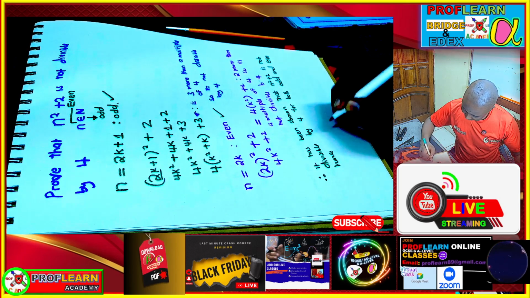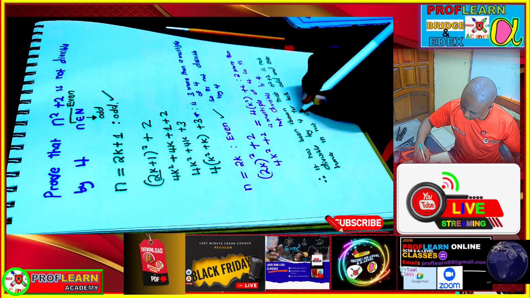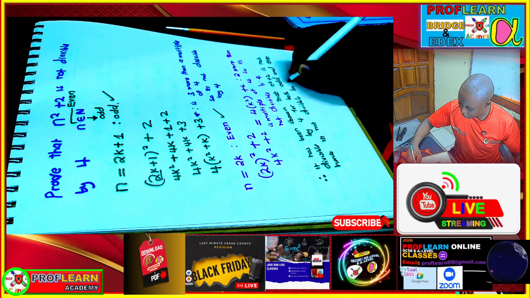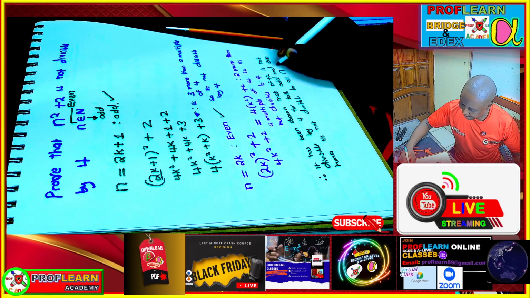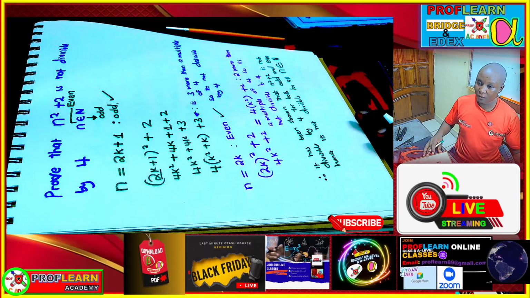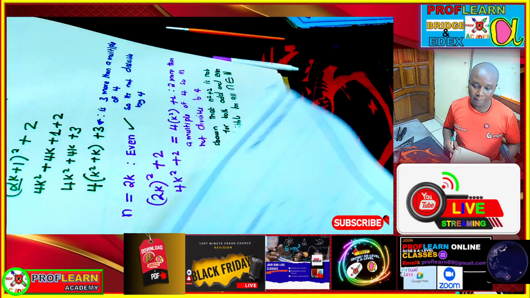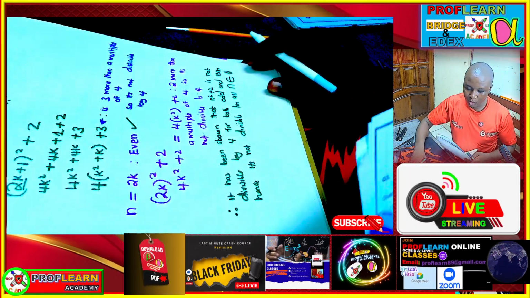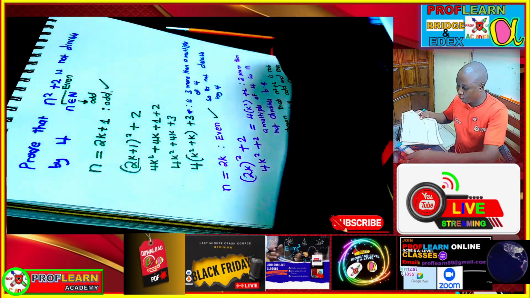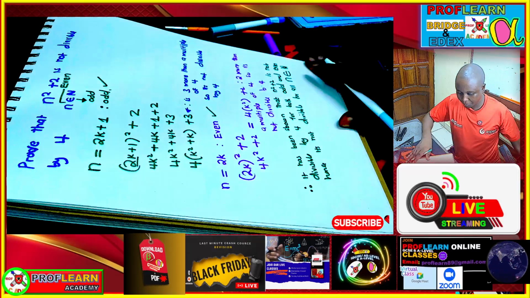Hence it's not divisible for all n members of natural numbers. Guys, that is exactly what you are going to do when you are proving by exhaustion. Prove by exhaustion.